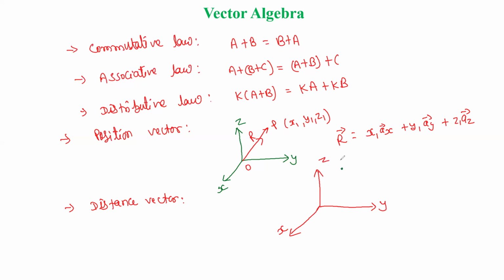One we can name P, with coordinates x1, y1, z1. And we take another point, suppose this is Q, for which we take x2, y2, z2. So this is one vector and this is the other vector.